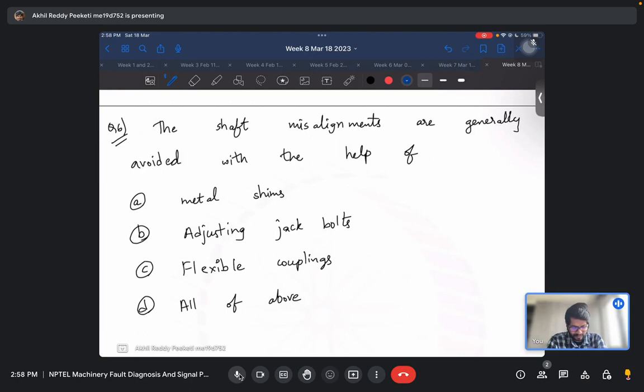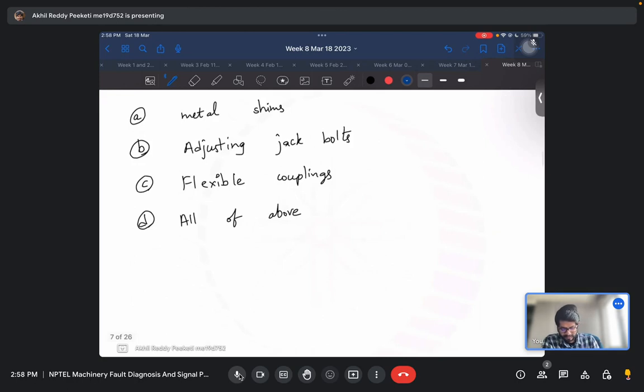The shaft misalignments are generally avoided with the help of what? What do you actually use when you have, as we discussed earlier, uneven foundations that lead to misalignments?